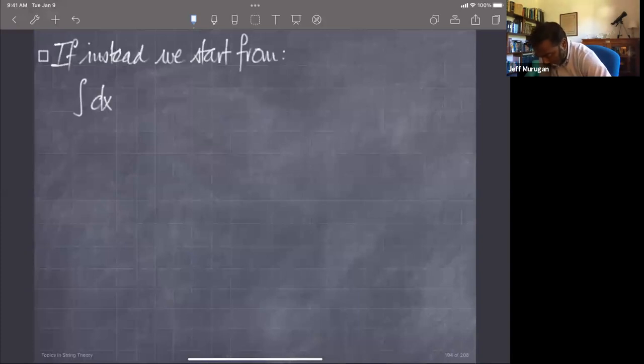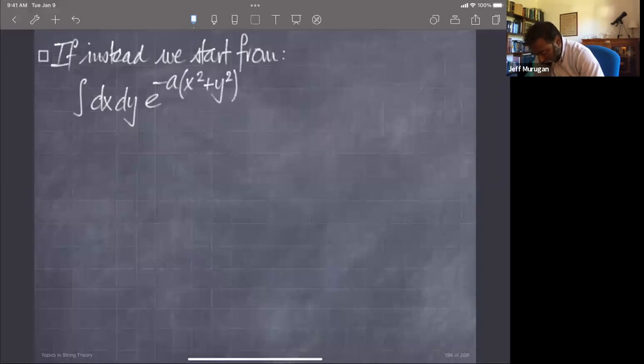I'm just going to use shorthand and say that I'm considering the integral over dx dy of e to the minus a times (x squared plus y squared) over 2. Then this integral you can show evaluates to 2 pi over a.